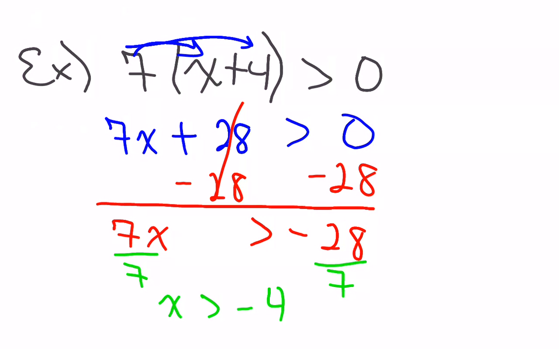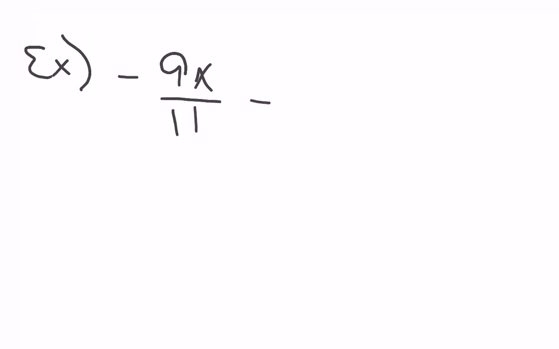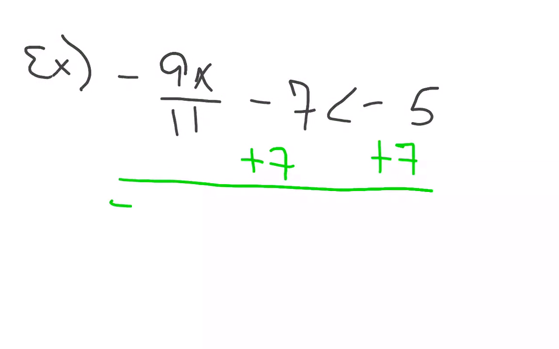All right, next example. Solve the inequality. Negative 9x over 11 minus 7 is less than negative 5. Okay, so first let's get rid of the 7. We're going to add it since it was subtracted. We have negative 9x over 11, that's 0, is less than negative 5 plus 7 is 2.